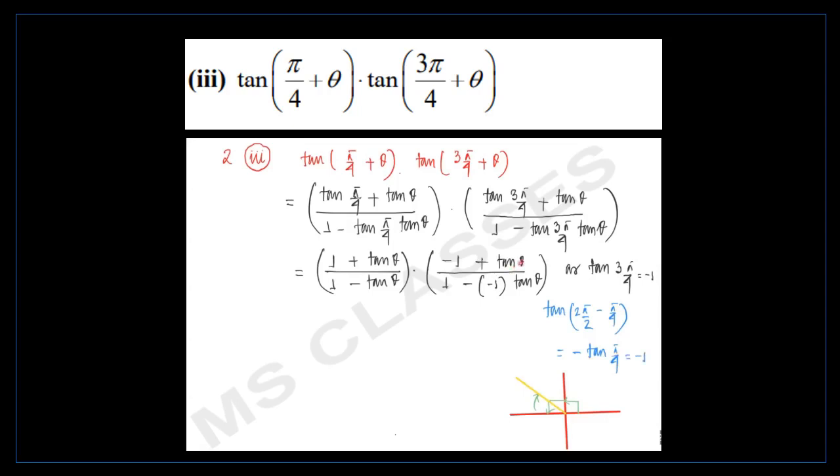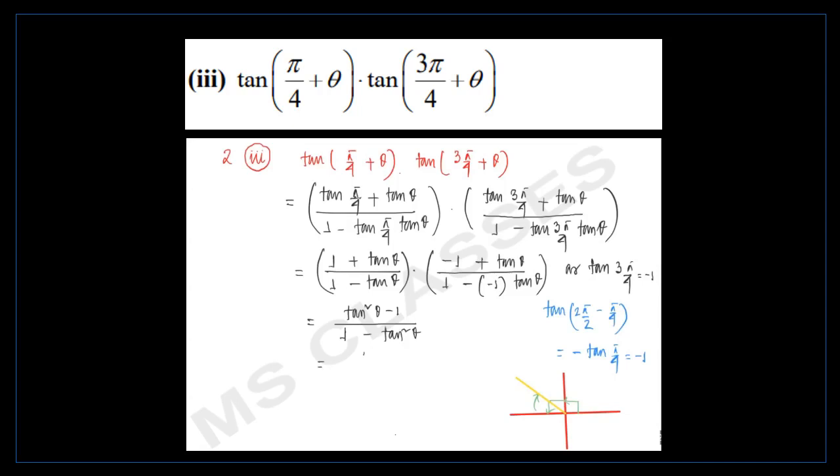Now A plus B into A minus B will be A square minus B square. So tan square theta minus 1 divided by 1 minus tan square theta.